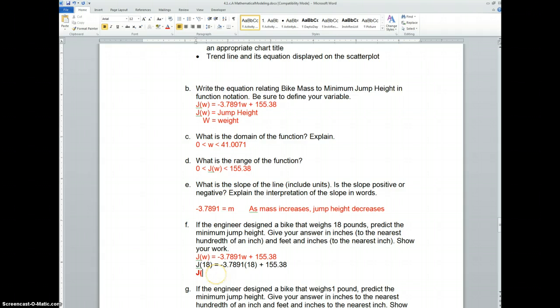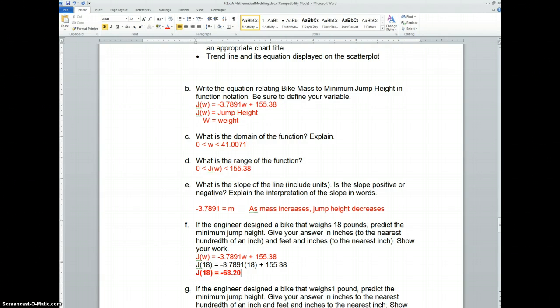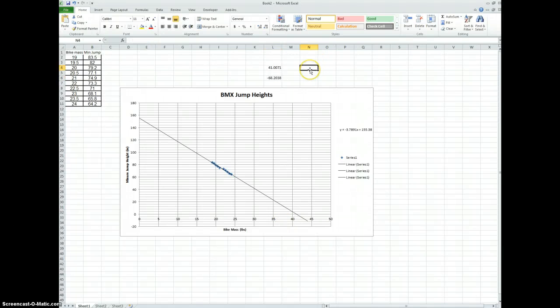So now I have J of 18 is equal to negative 68.2038 plus 155.38, and that would leave our final answer: 155.38 plus that equals 87.1762.